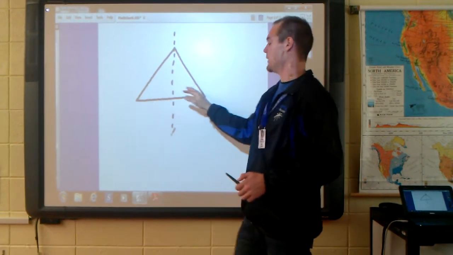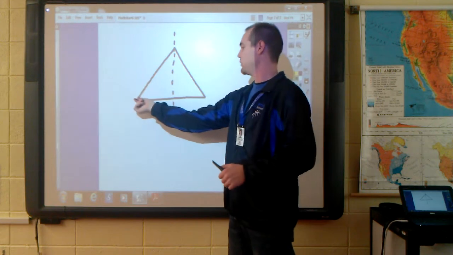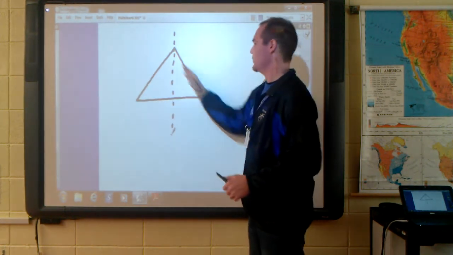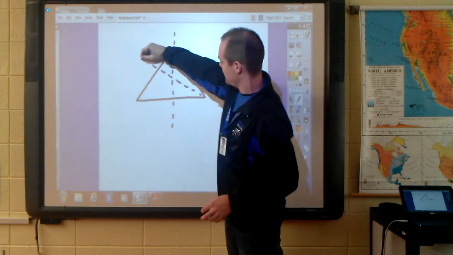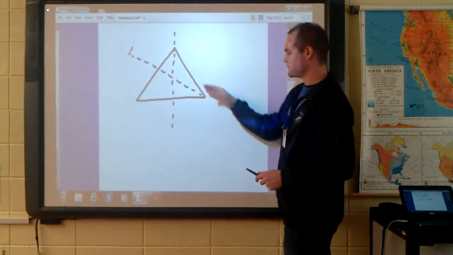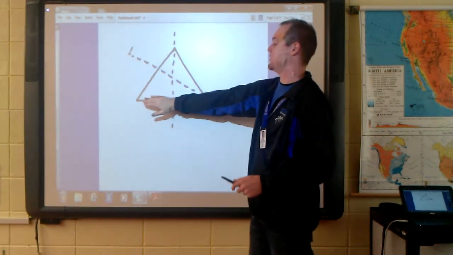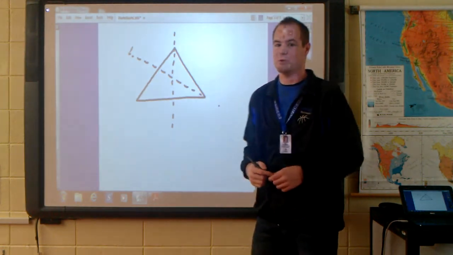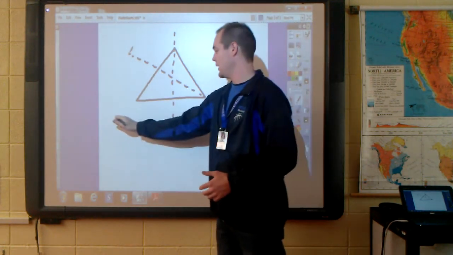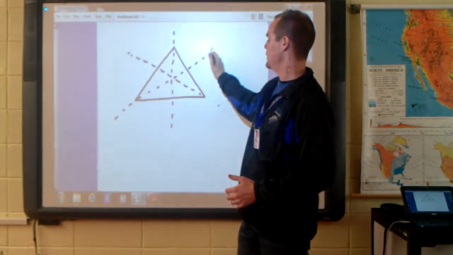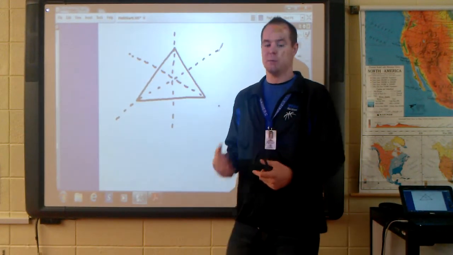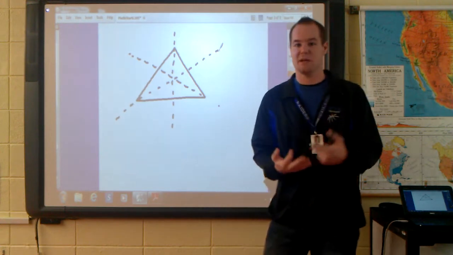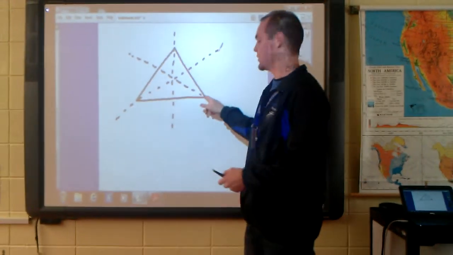It splits it into two equal parts, and if I folded this corner onto this corner, it would fold perfectly. I could also do one there. If I took this corner and folded it to this corner, there would be no spaces, it would be perfect. And then the third line of symmetry would run there. So a regular triangle would have 3, just like it has 3 sides and 3 vertices.